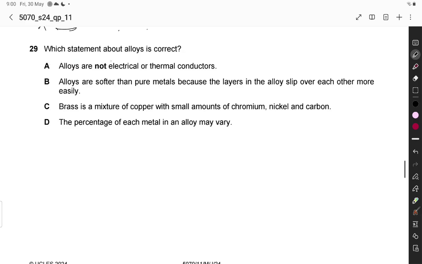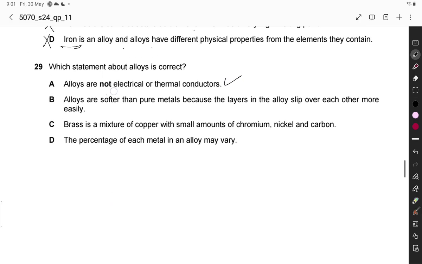Question number 29. Which statement about alloys is correct? Alloys are not electrical or thermal conductors. This is incorrect. Alloys are electrical and thermal conductors. Alloys are softer than pure metals. This is incorrect, alloys are harder than pure metals.